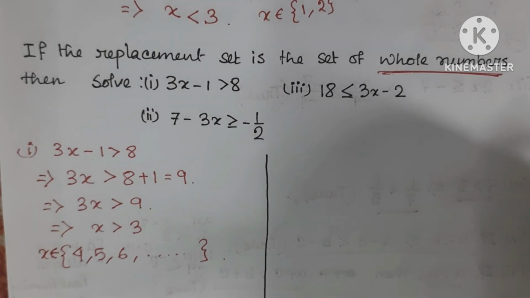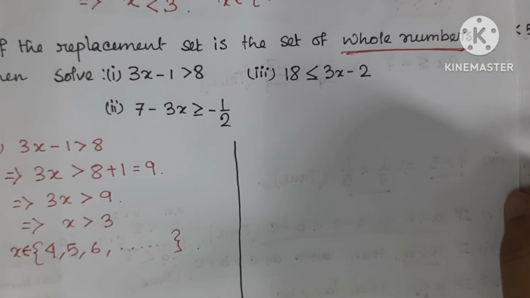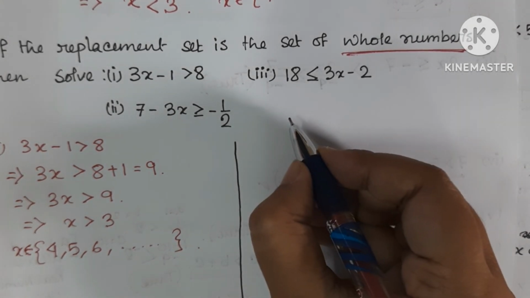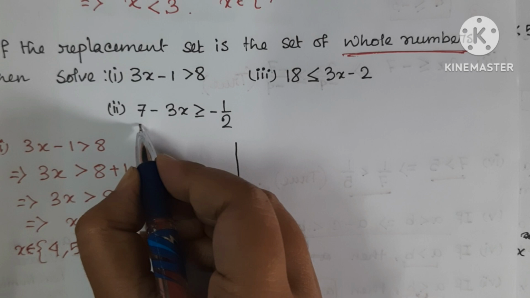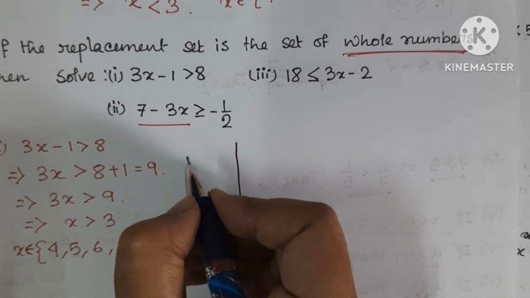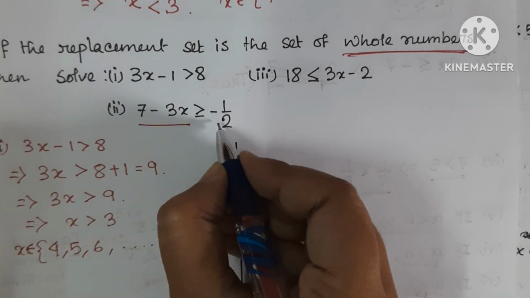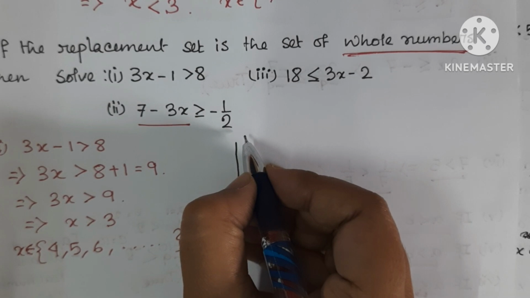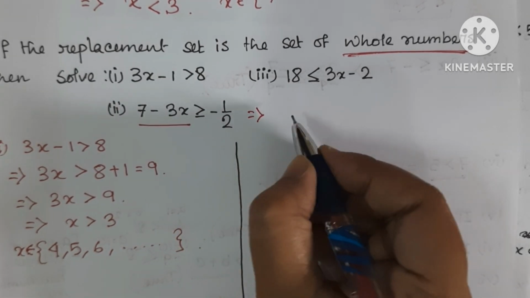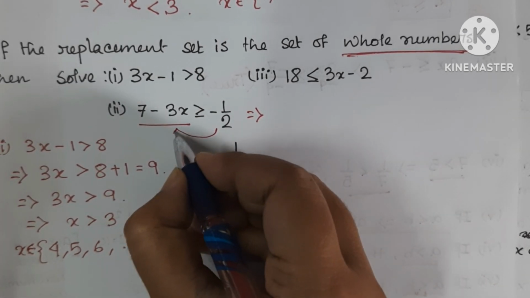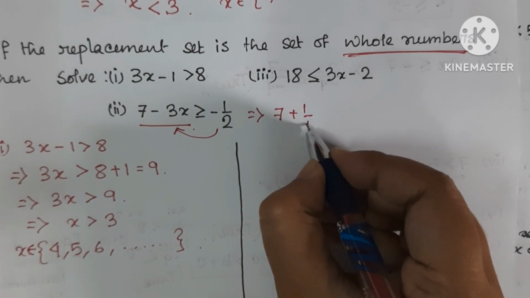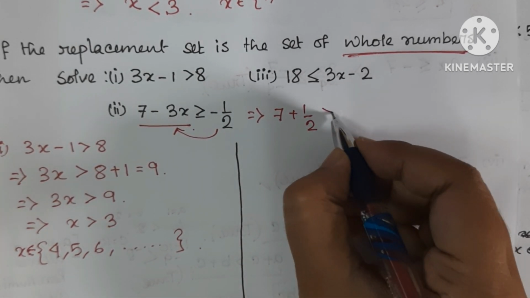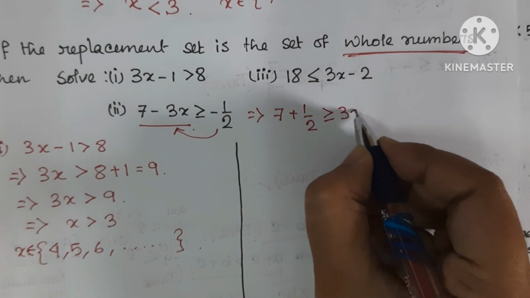Now in case of the second one, that is 7 minus 3x, which is greater than or equal to minus 1 by 2. If you take this term to this side, what will happen? 7 plus 1 by 2 is greater than or equal to 3x.